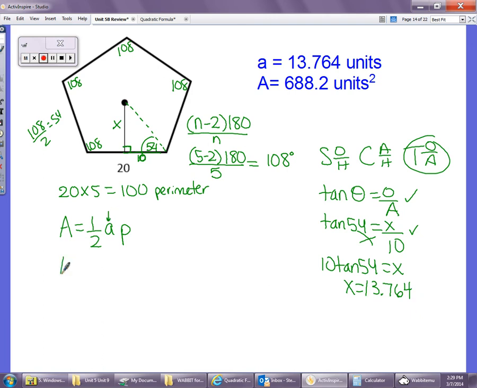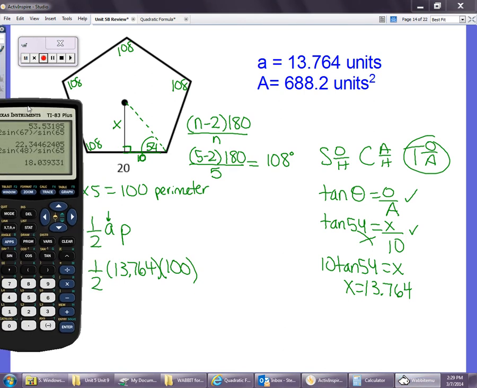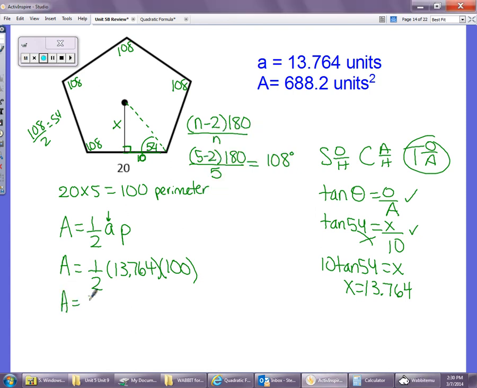So now I can plug everything into my area formula. Because we used SOHCAHTOA, we're going to have decimals. And you know that we need to round our decimals to the nearest 3 decimal places. So I can put it in the calculator. 1/2 times 13.764 times 100, and I get 688.2.